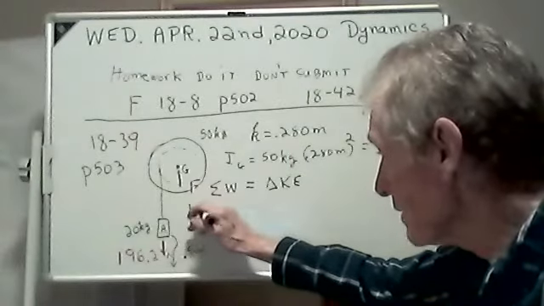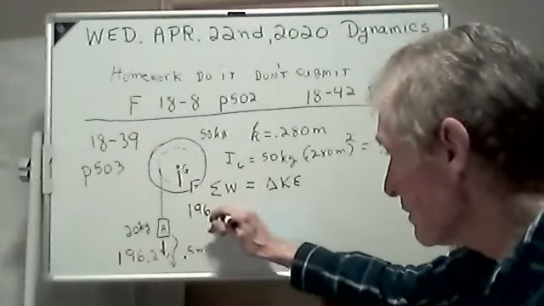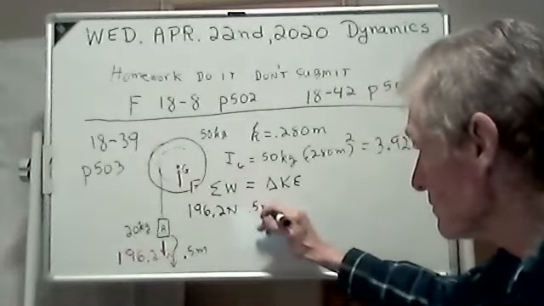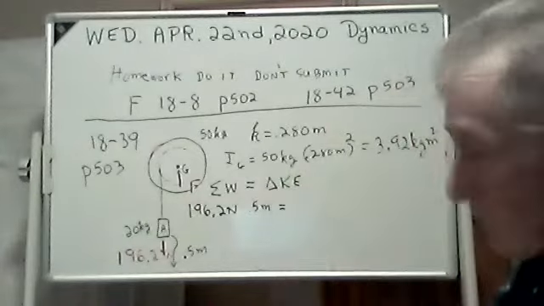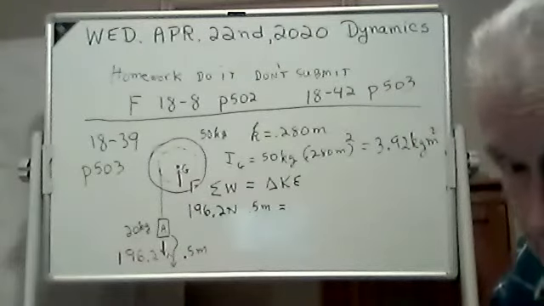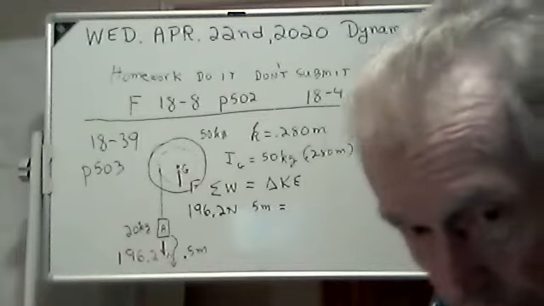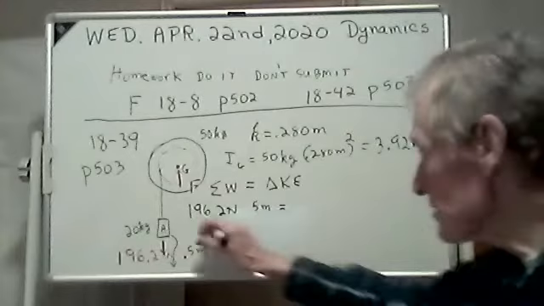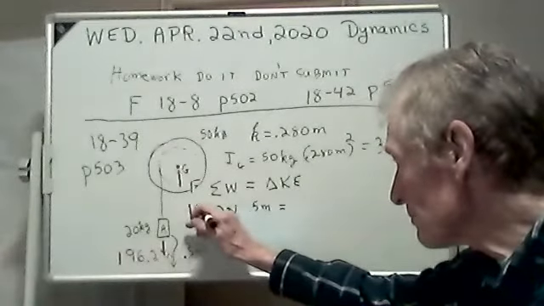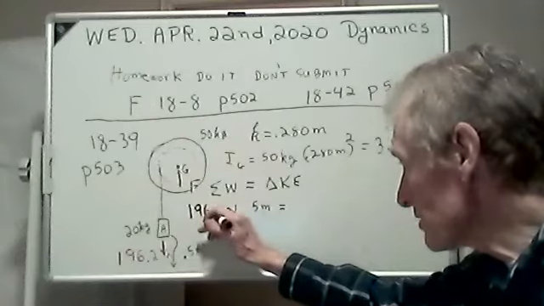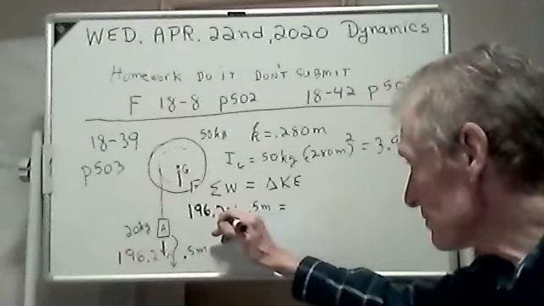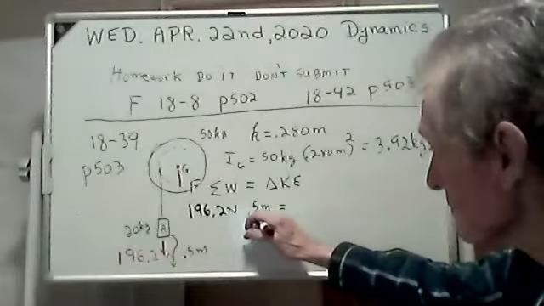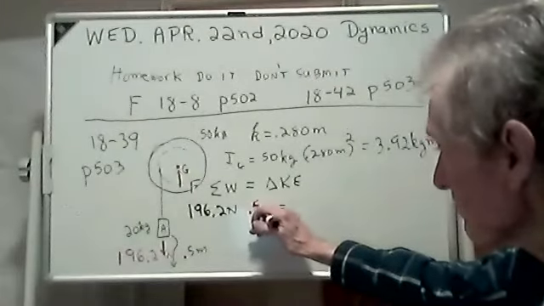It's 196.2 newtons times 0.5 meters. That's it on the left. That's the total work done. Can you read my writing? 196 comes out faint on my computer. 196.2 times 0.5 meters is the total work done.